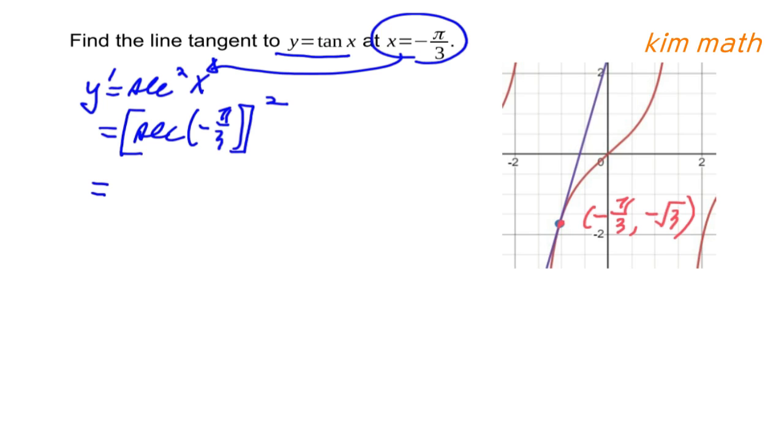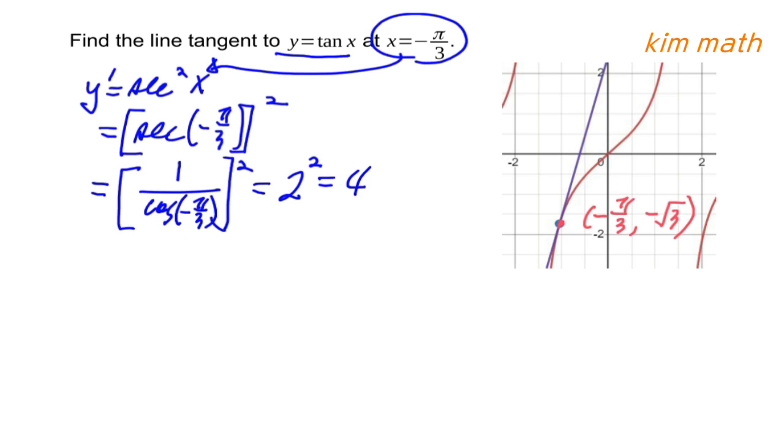Since secant is the reciprocal of cosine, this will be 1 over cosine of negative pi over 3, squared. Cosine of negative pi over 3 is negative 1/2. So, no, excuse me, positive 1/2. So 1 divided by positive 1/2 is 2. So this is 2 squared, or 4. Please note that this is our slope, right?